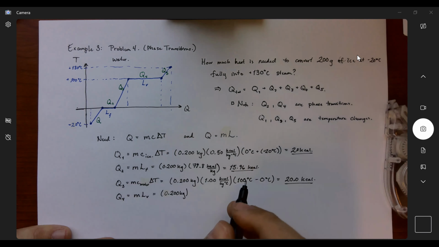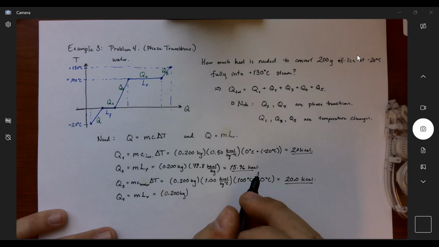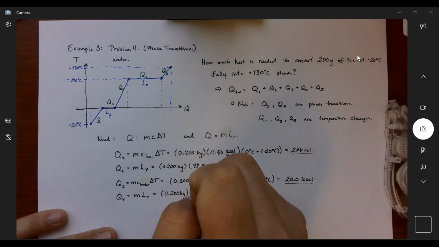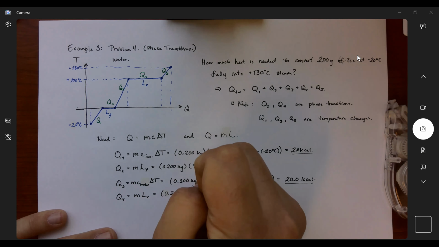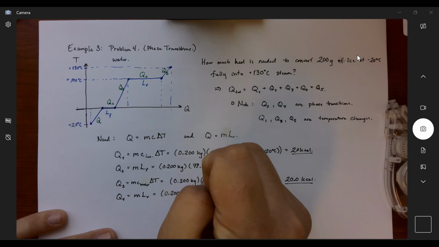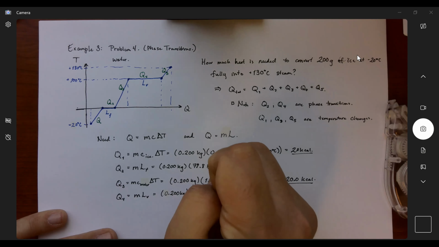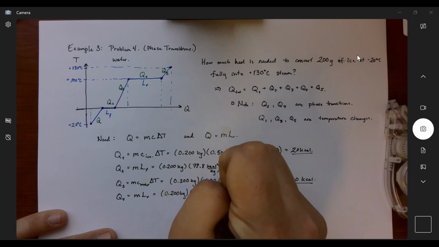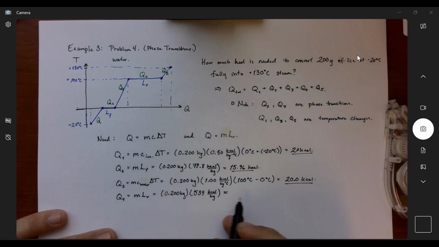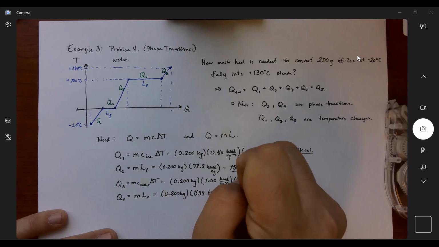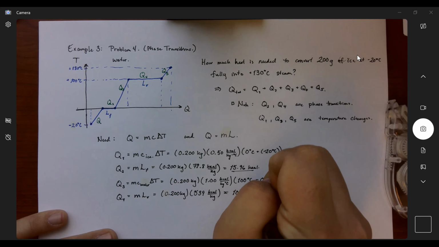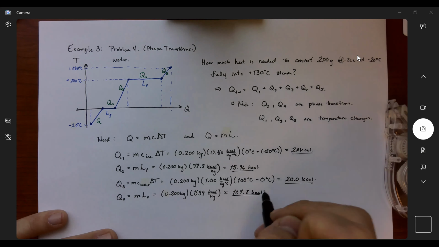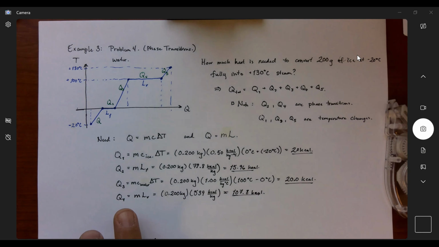So we have 0.2 kilograms of liquid water being converted entirely into steam, which, the latent heat of vaporization is quite substantial. It's 539 kilocalories per kilogram. And in that case, that gives me 107.8 kilocalories of heat needed to do that conversion.